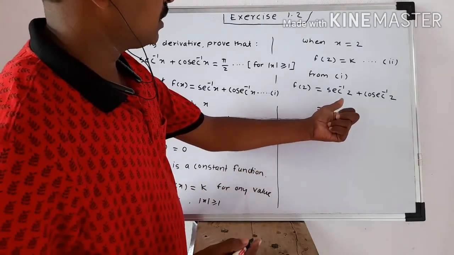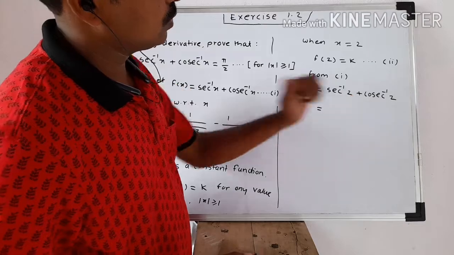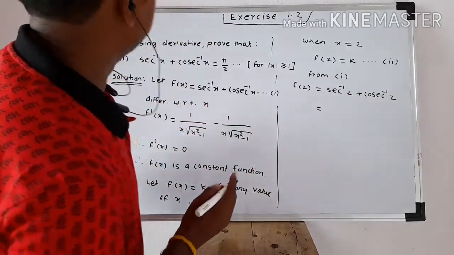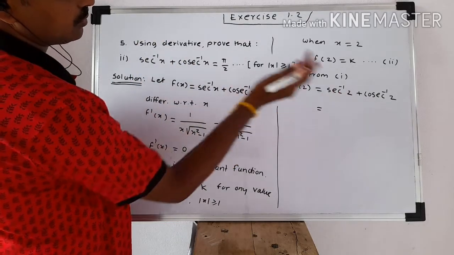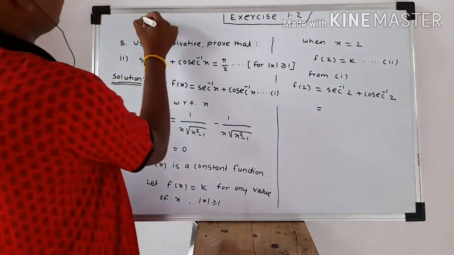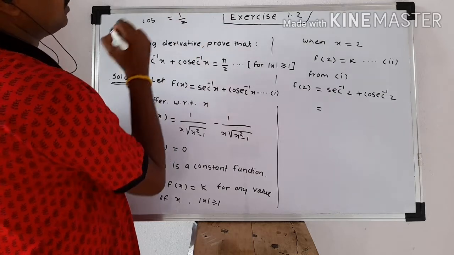Now for which angle is the sec value 2? Cos is the reciprocal of sec, and for which angle is the cosine value 1 by 2?